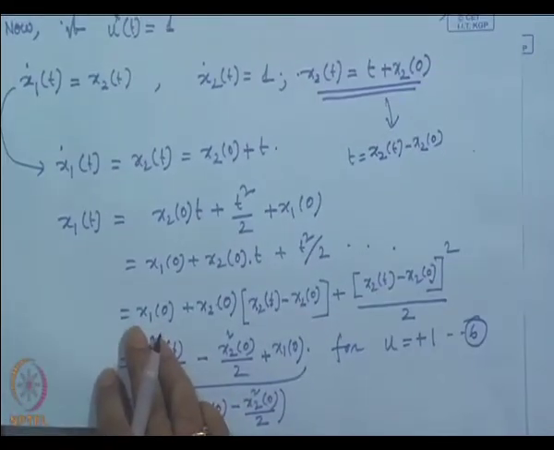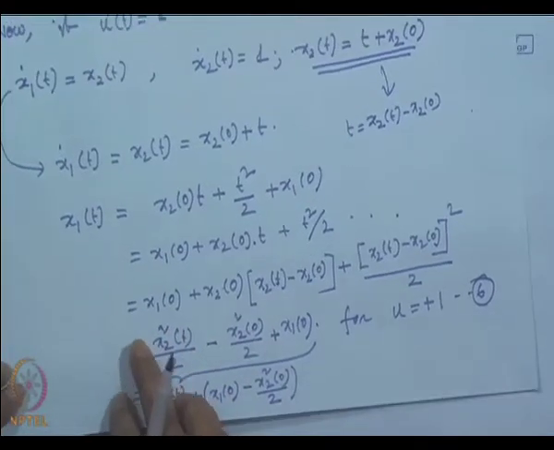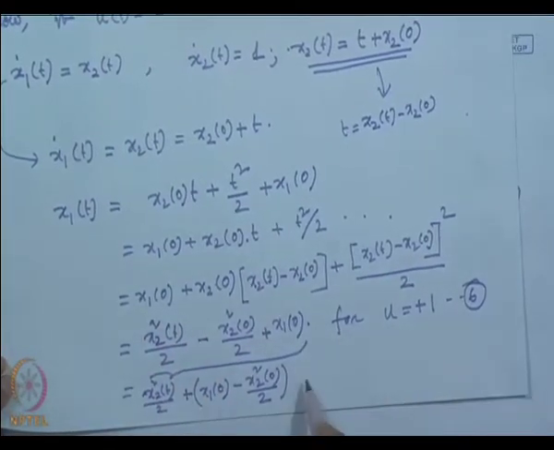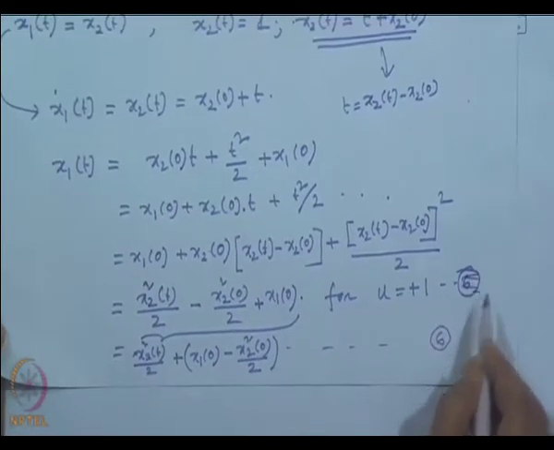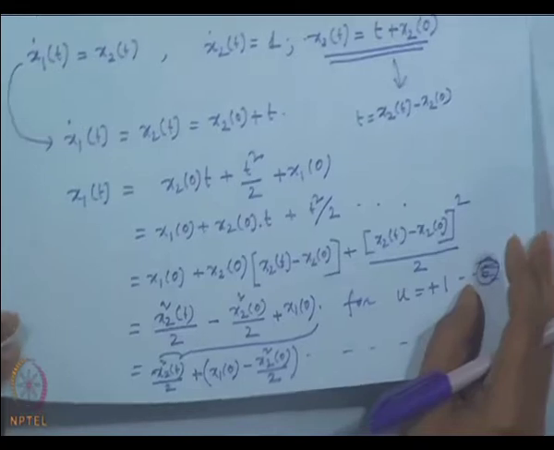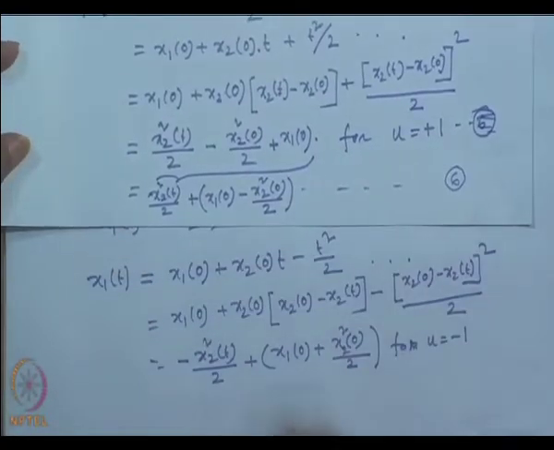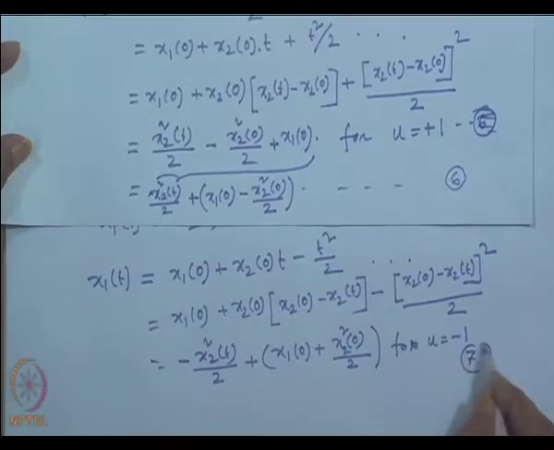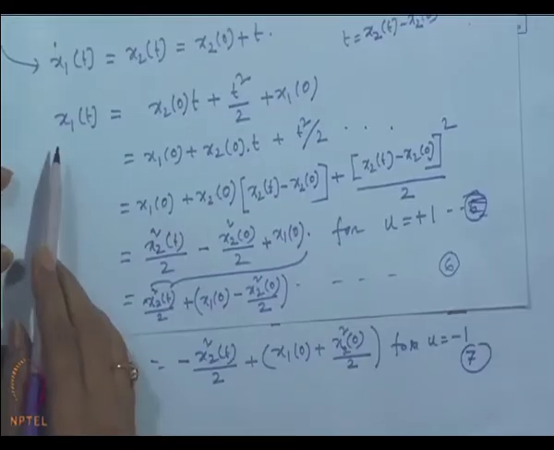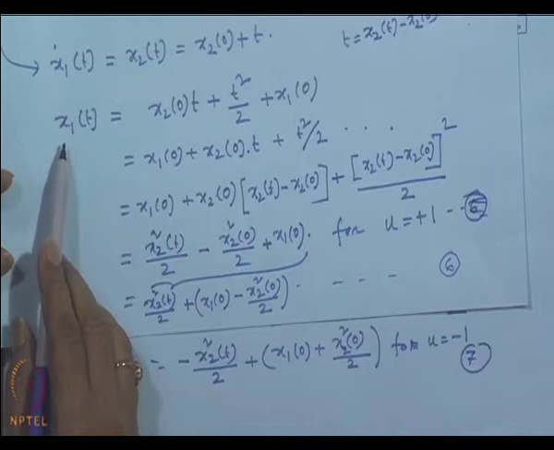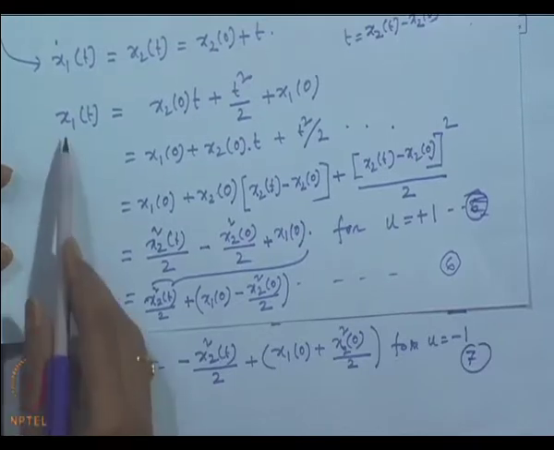Let us call this equation number 6, and this one equation number 7. Now, look at these two expressions. When the control input u is applied, see how the trajectories of x1 and x2 differ.